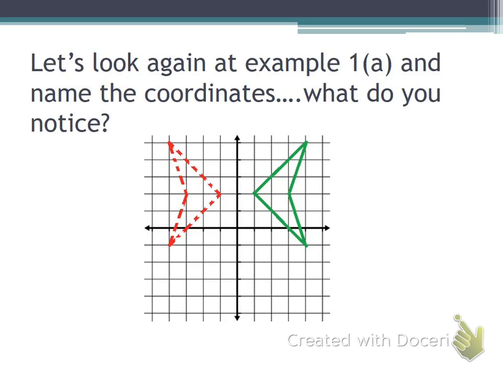We'll move on. Let's jump back to example 1A and name the coordinates and see if we notice anything.